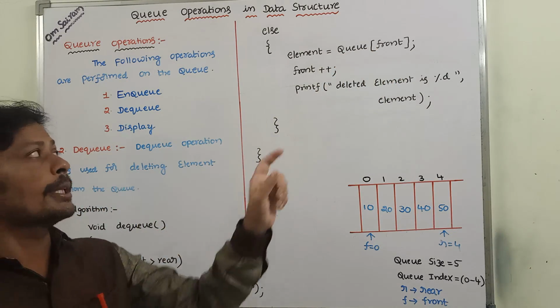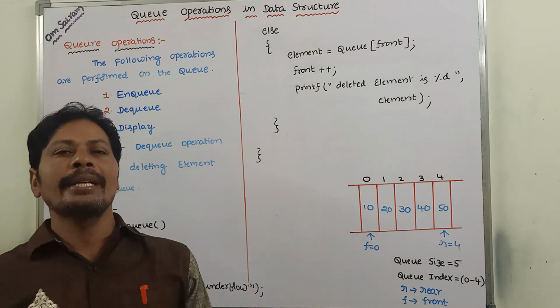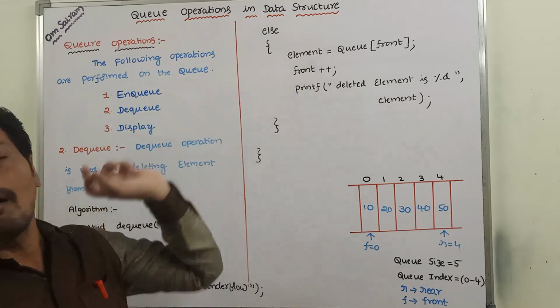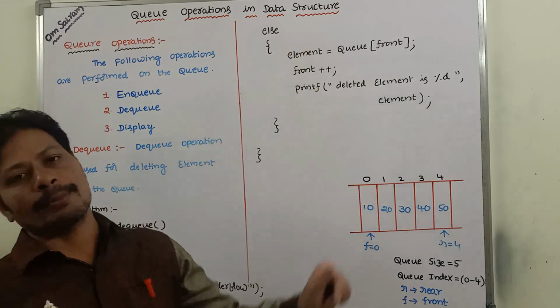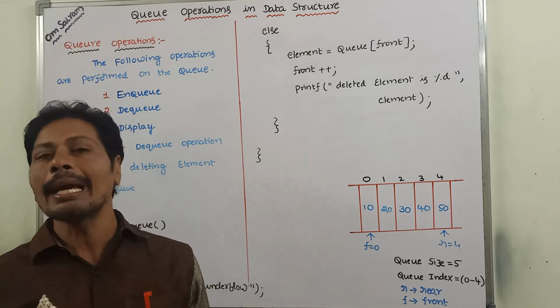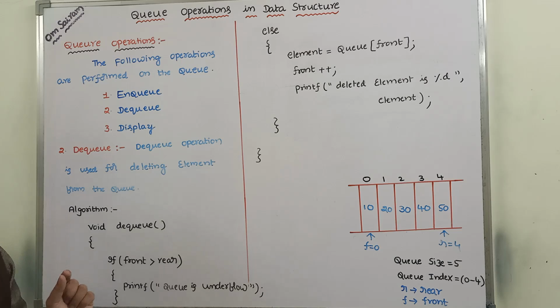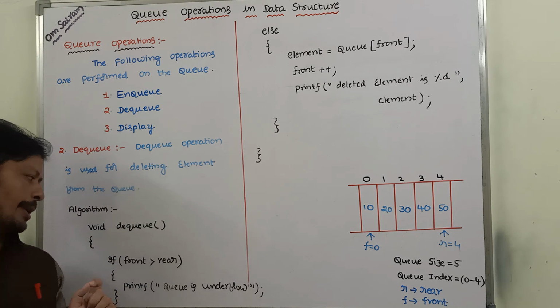Whatever the value that is present at queue of front, that element can be deleted, that element can be assigned to the element. After that, front plus plus, front value can be incremented. So these are the two steps we have to follow while performing dequeue operation.